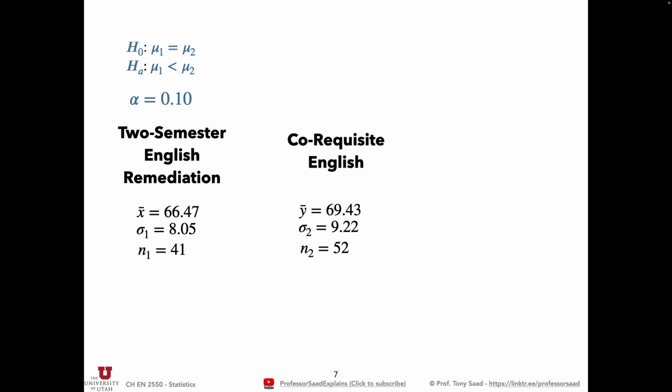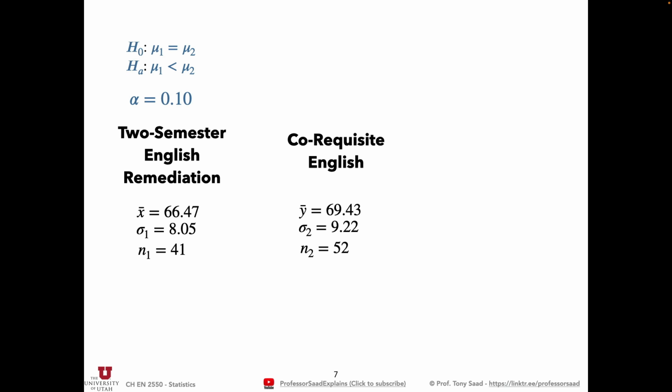And so we can summarize this like this. We'll call population 1 the traditional two-semester remediation, and population 2 the co-requisite English, the new course. The null hypothesis is that there's no difference in the mean final score between these two populations. And the researcher is claiming that the population in the old approach scores less than the population in the new approach.